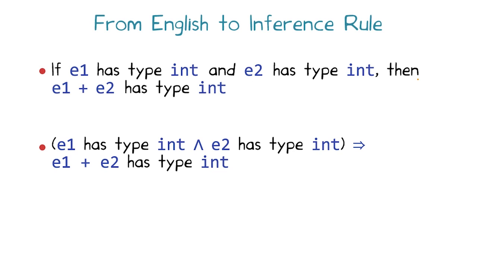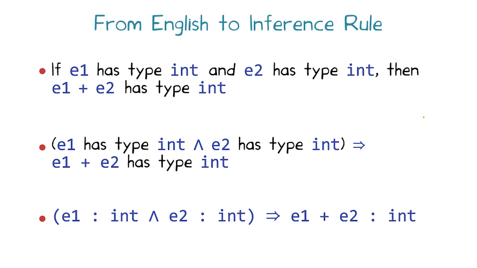Then we can replace the if x then y construction with x arrow y, where x is the conjoined hypothesis and y is the conclusion E1 plus E2 has type int. Finally, we can replace the phrases "x has type int" with the notation x:(int), giving us the following inference rule.